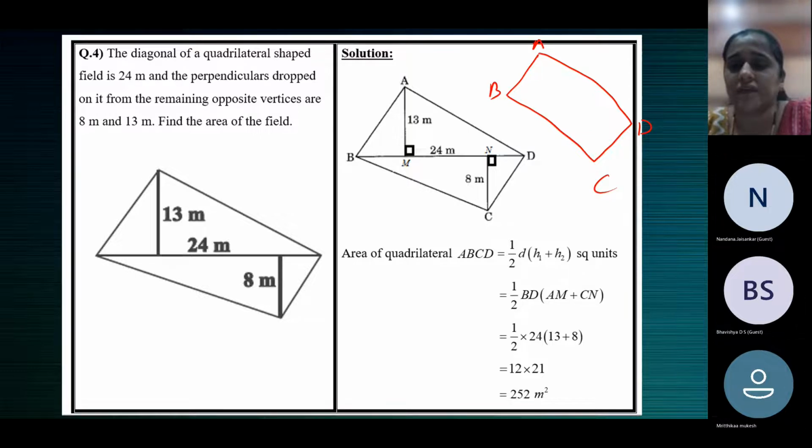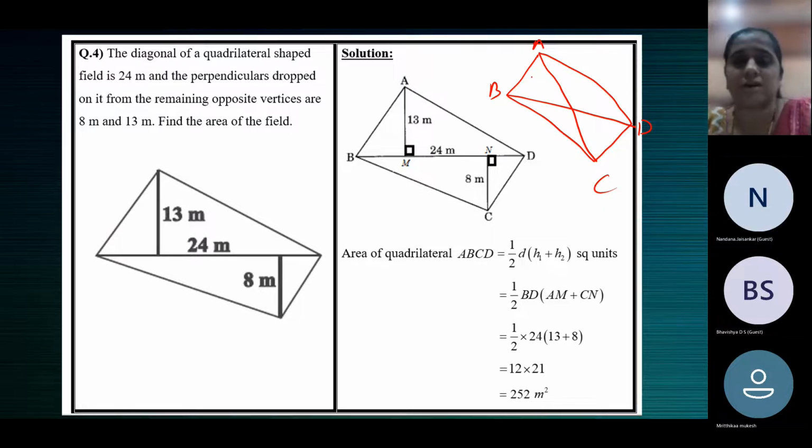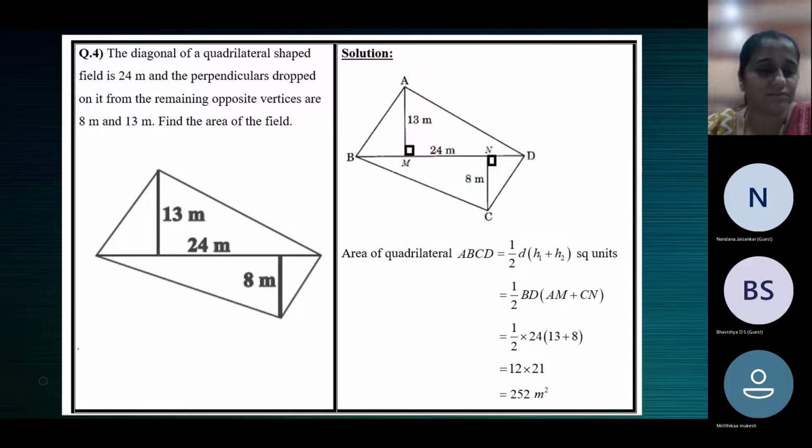Diagonals are the line segments that connect the opposite vertices. AC is a diagonal, and BD is the other diagonal. These are the two diagonals.